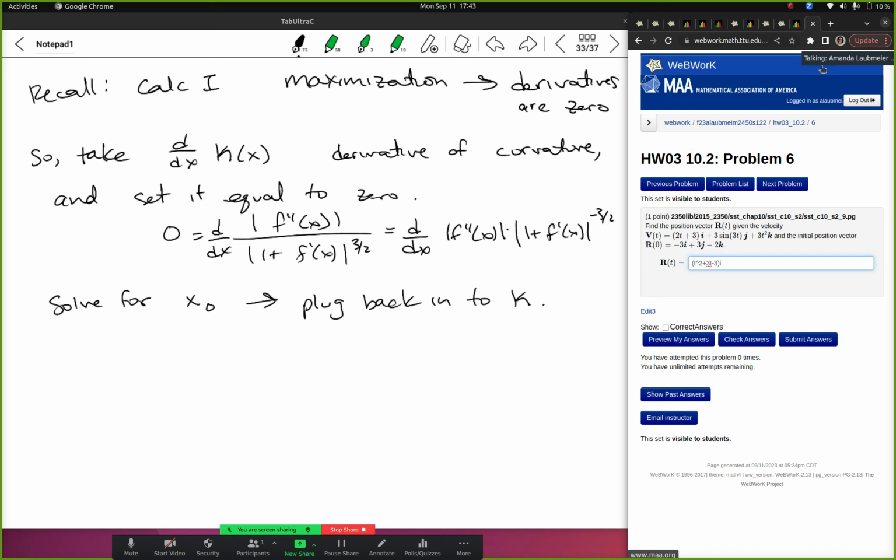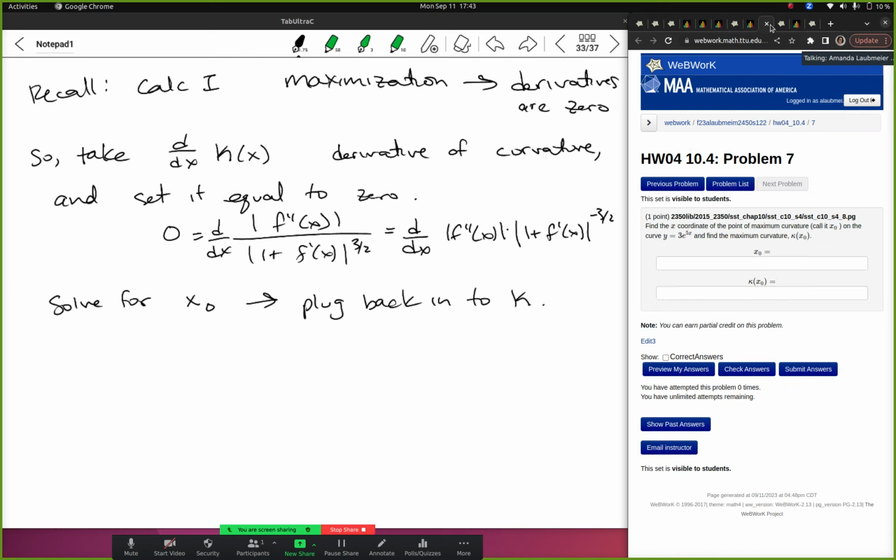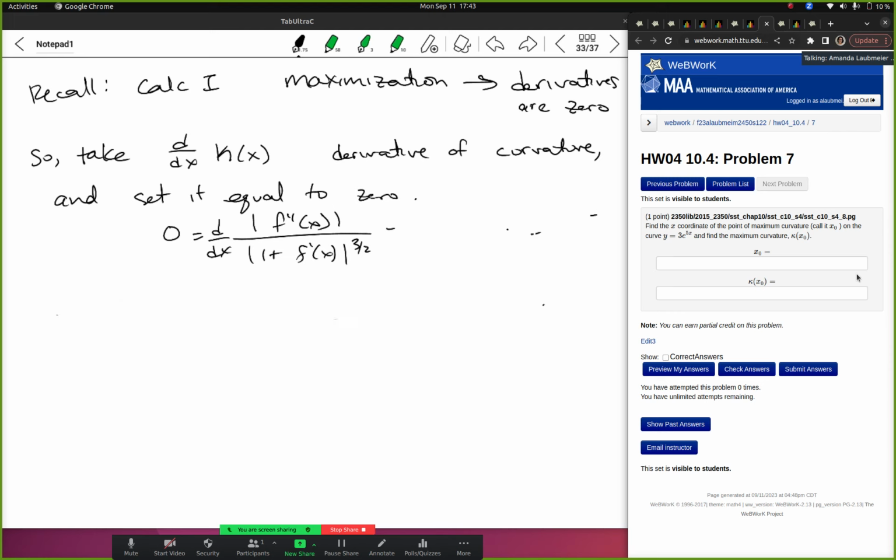So let's go ahead and do more details there first. So I'm going to go ahead and delete all this that I did and plug right in the functions, because I took those derivatives on the other page.